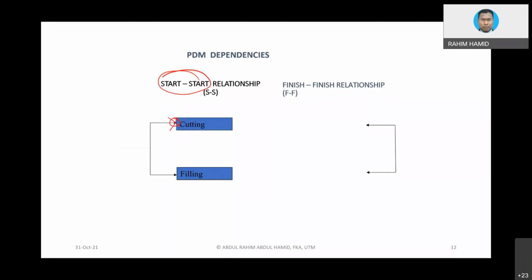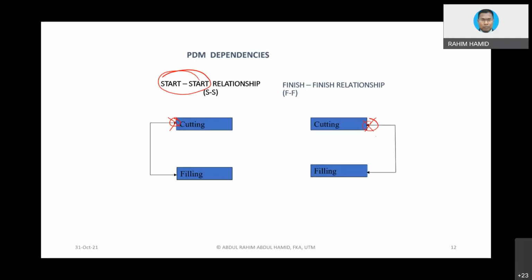And then finish to finish. Finish to finish, again, if, for instance, these are just simply two activities, okay, I might delete this arrowhead so that one arrow goes into another box, where it basically exits and where it basically enters.